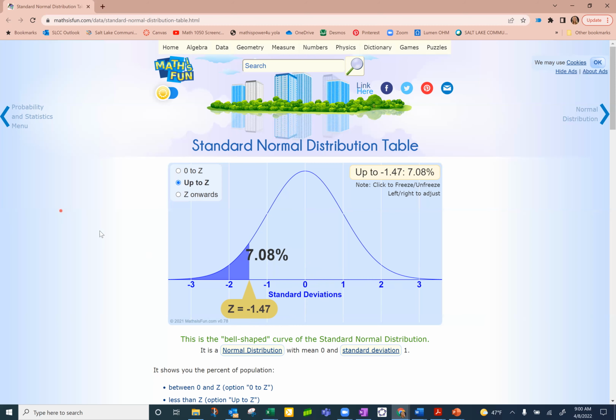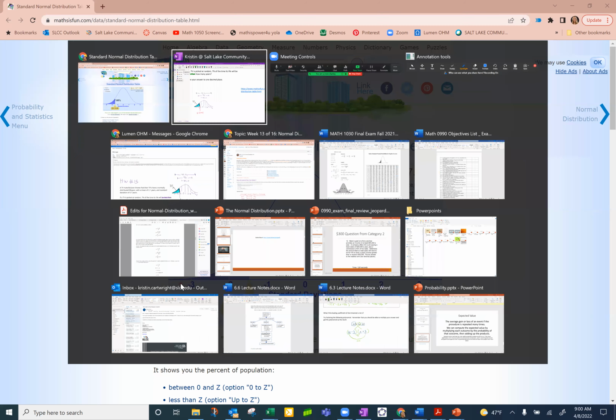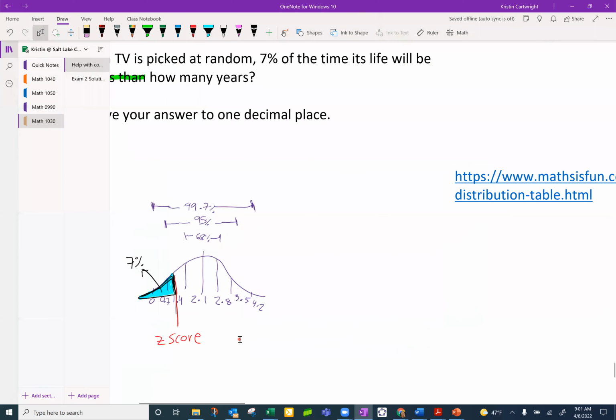Because it's between negative 1.47 and negative 1.48, I'm just going to take the middle of those two numbers, so the Z-score we're going to use is negative 1.475. That's right in between negative 1.48 and negative 1.47.